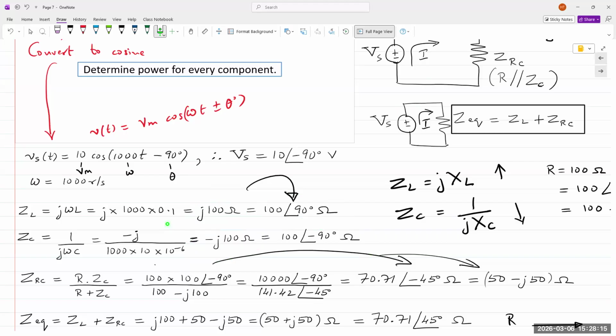ZC is minus j100. Again, it's complex numbers, but other than that, the fundamentals do not change. You combine resistors in series or in parallel. You can combine impedances in series or parallel the exact same way. No difference.